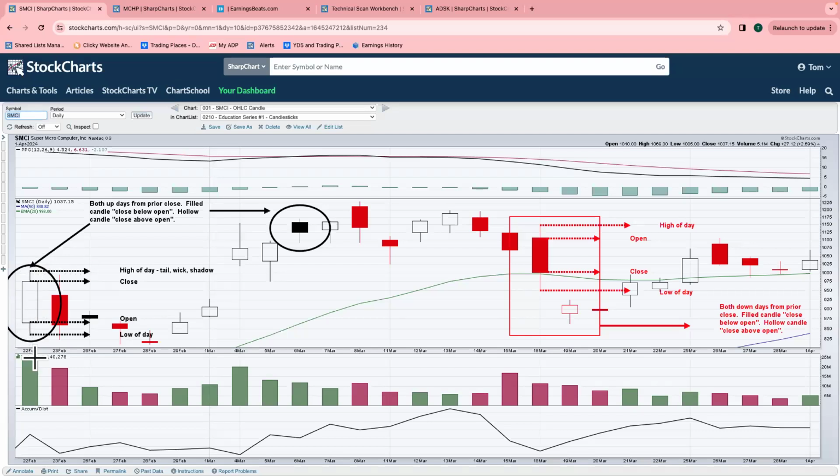So if you're looking at this candle back from February 22nd on Super Micro, without even batting an eye, I can say, okay, the high, that tail or wick or shadow, lots of folks call them different names, is just that little line pointing out of this rectangle, marking the high of the day. If we take a look at the top and come all the way across the chart, you would see that day had a high somewhere around 1,000 for SMCI.